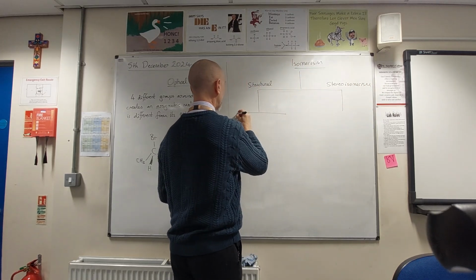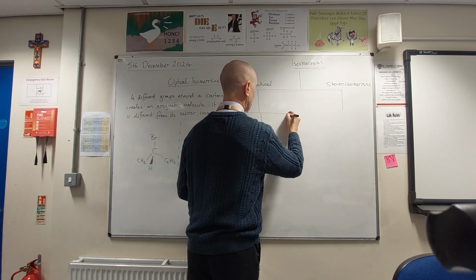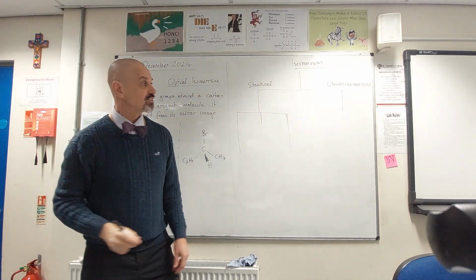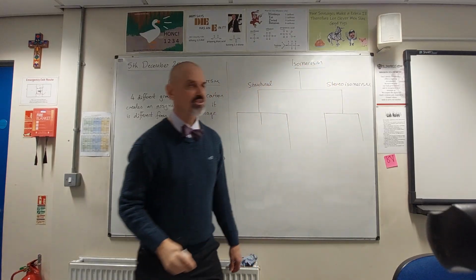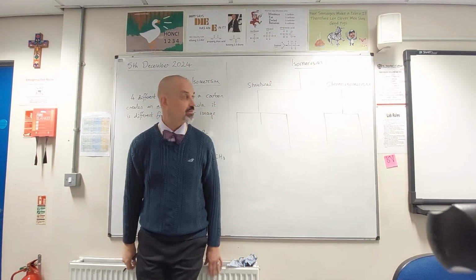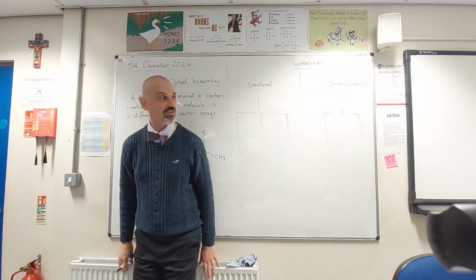And then there are three different types of structural isomerism, and now there are two types of stereoisomerism. So overall we've got 5 types of isomerism.